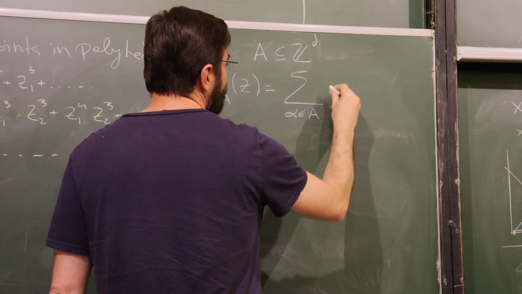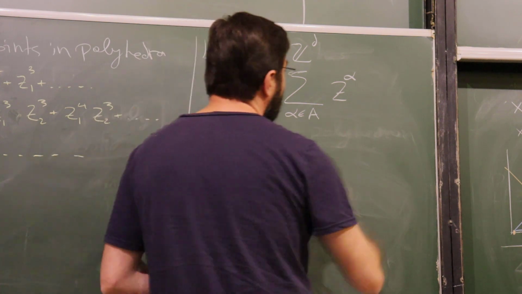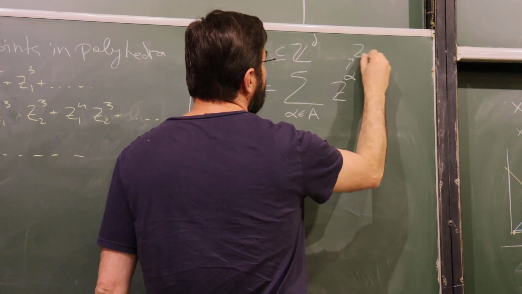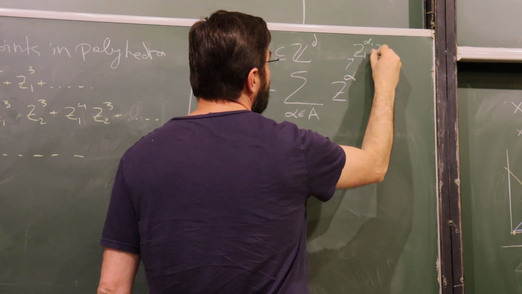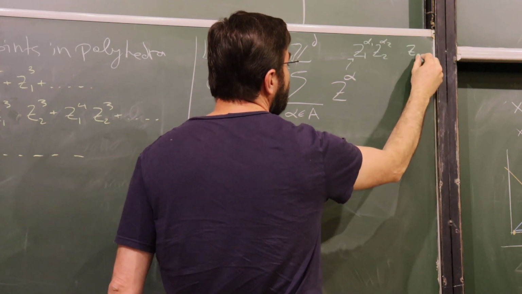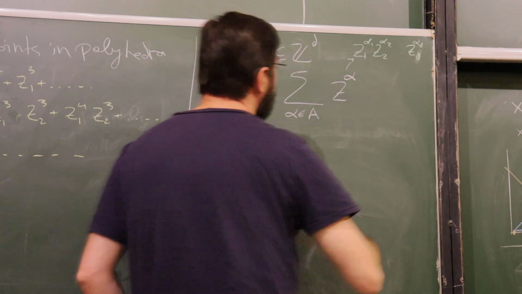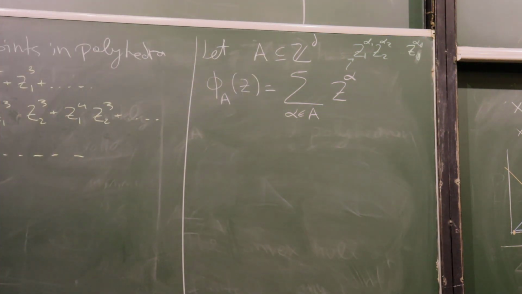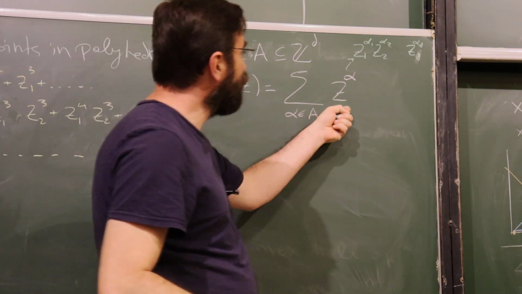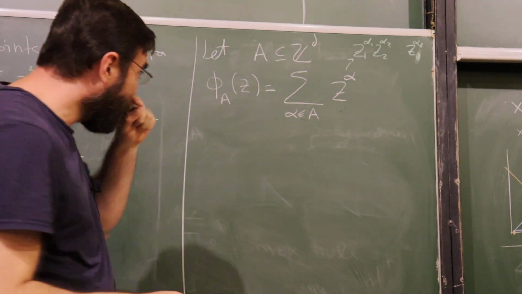For every element alpha of A, I take z to the alpha. This is multi-index notation. So this is a formal power series. I just sum the monomials z to the alpha, where alpha is an element of my set.